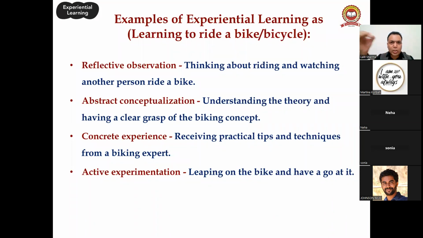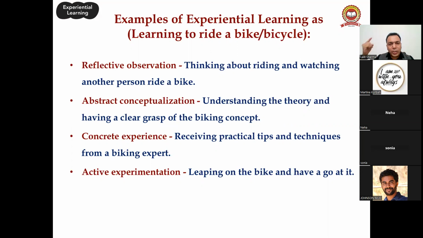Second is abstract conceptualization, right? Abstract means understanding the theory and having a clear grasp of the biking concept. I give you one example. Suppose you look at a bus. The bus is moving on the road.